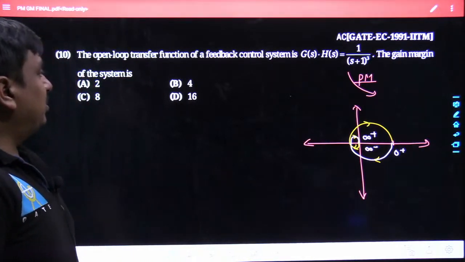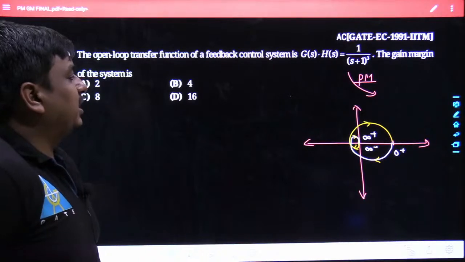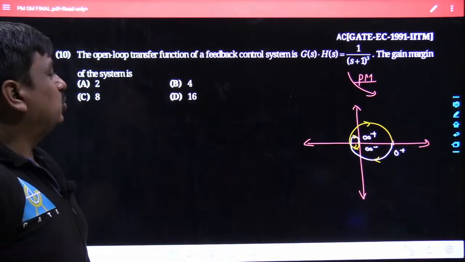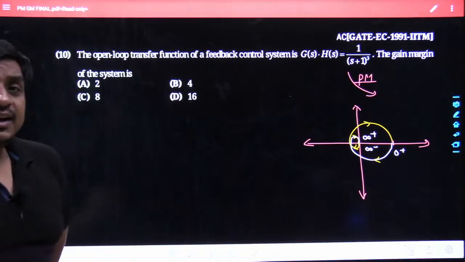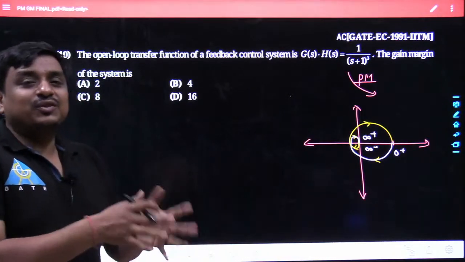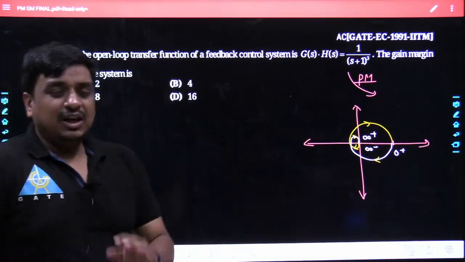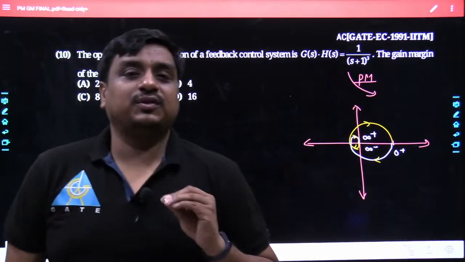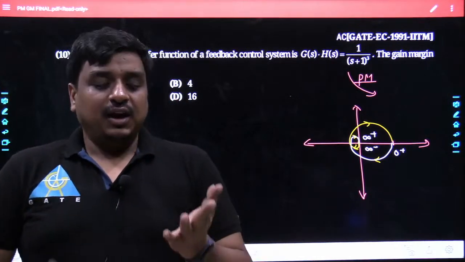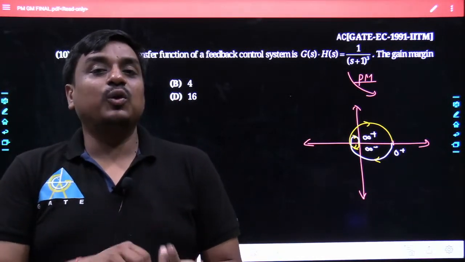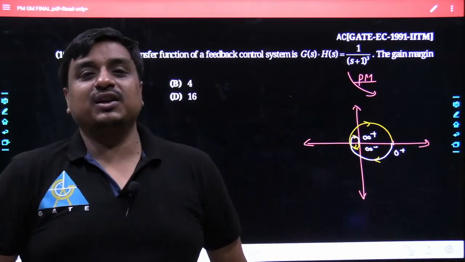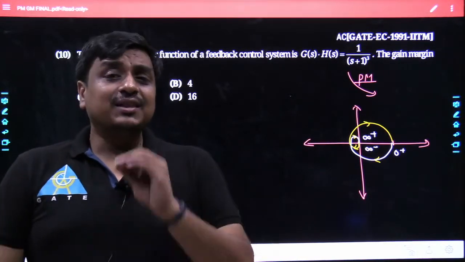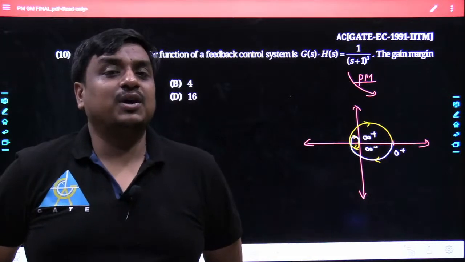Devraj, if time permits, that would also be communicated, but I don't feel today I would have that much time. Why is the 180 getting added? Definitely it has a basis for the 180 degrees also. Each and everything has its own basis. As I have been communicating, in a crash course we cannot go into great detail, but as committed, at least for phase margin and gain margin we are going to discuss each and every part.